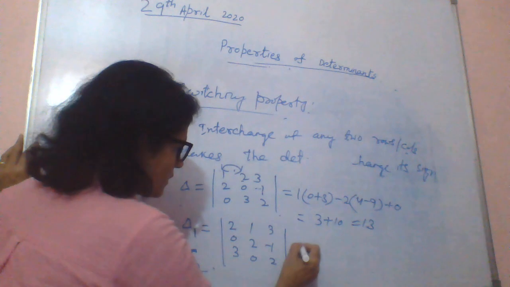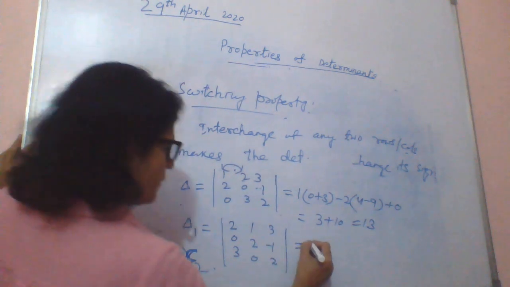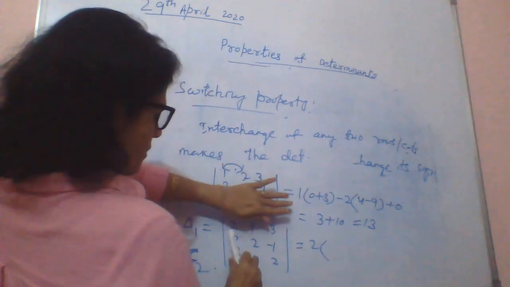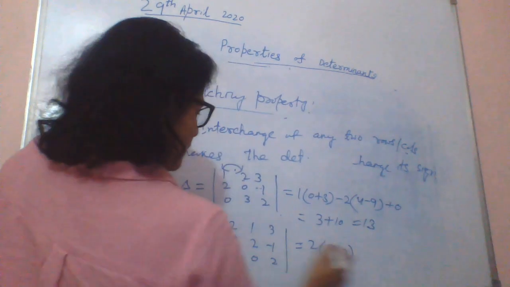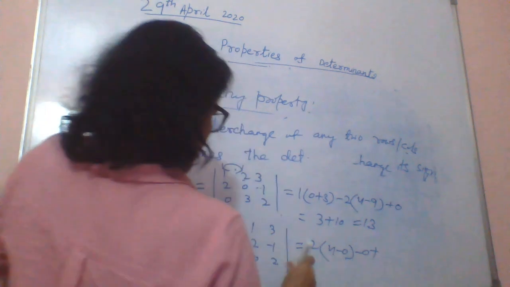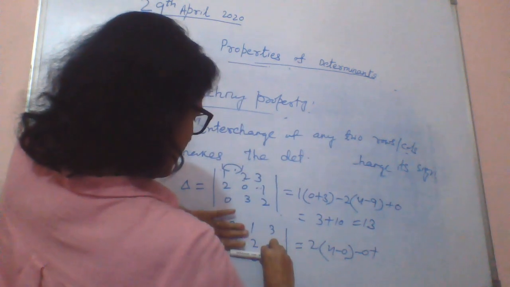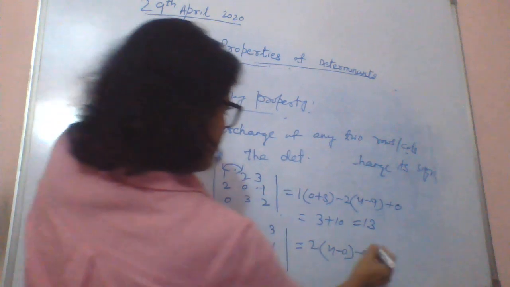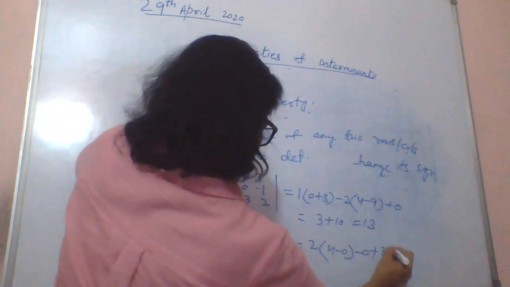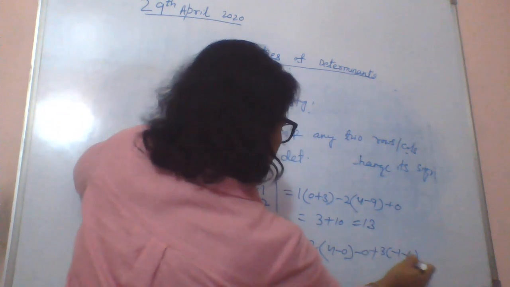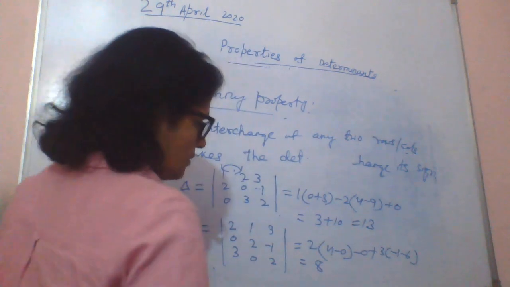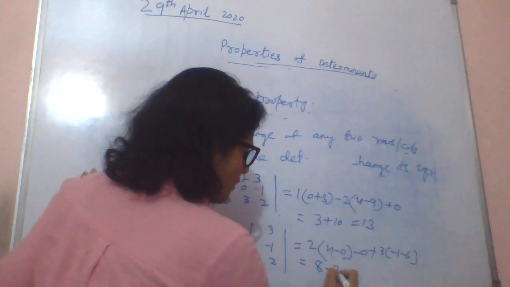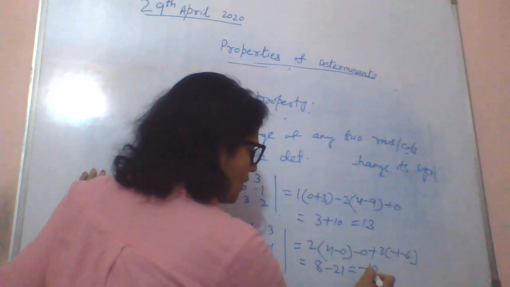If I take like this, अब देखो अभी 2 into 4 minus 0, okay, minus 0 plus 3 into minus 1 minus 6, 8, okay, so minus 21, you are getting minus 13.